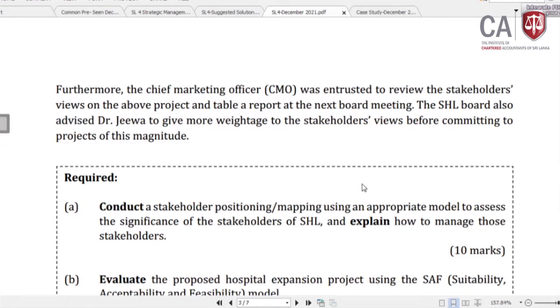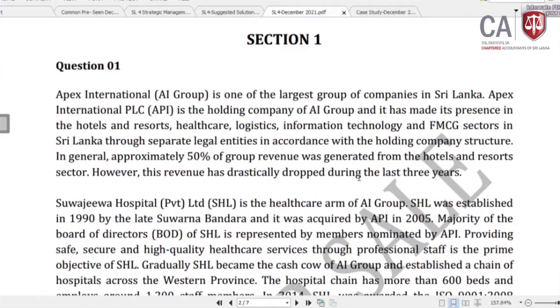First of all, you want to identify the stakeholders.